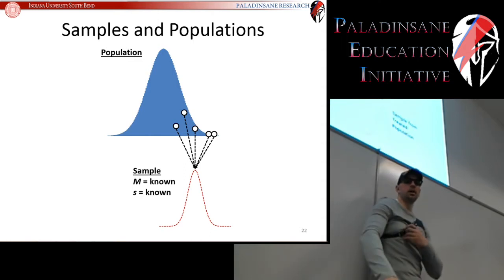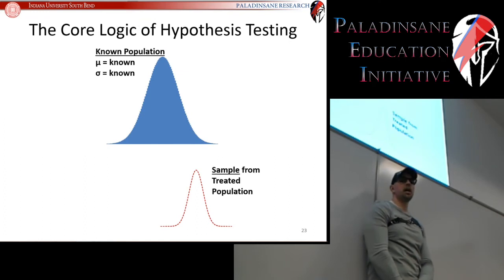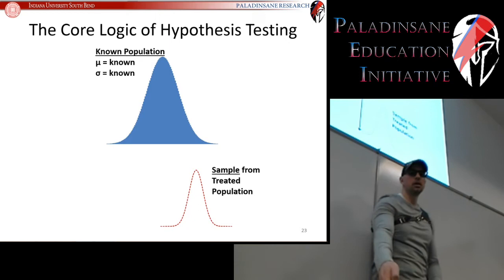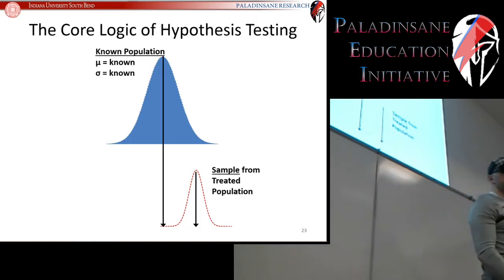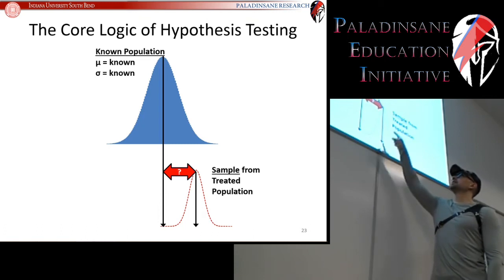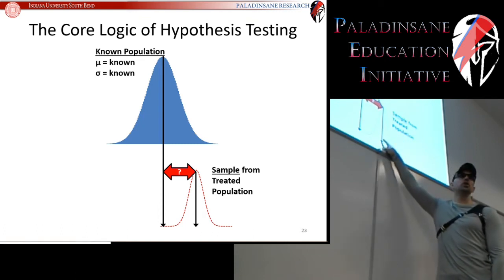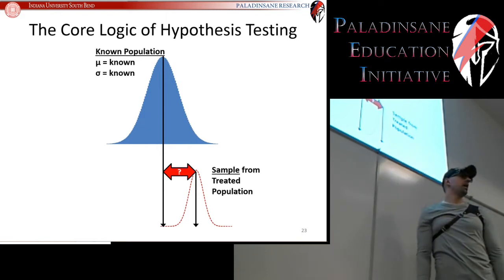And that's what we're doing in hypothesis testing. We take a look at where the mean is for your known population. You take a look at where the mean is for your sample. Those are the two things we can measure. You take a look at the difference, and then we're just going to figure out what are the chances that this mean over here could have been produced by taking people from this population.